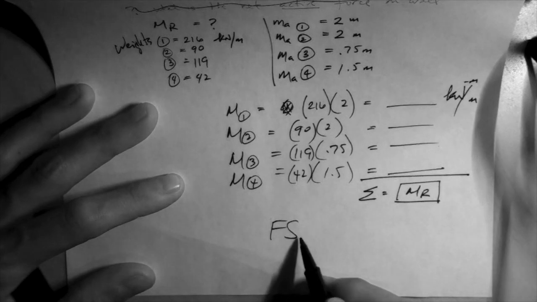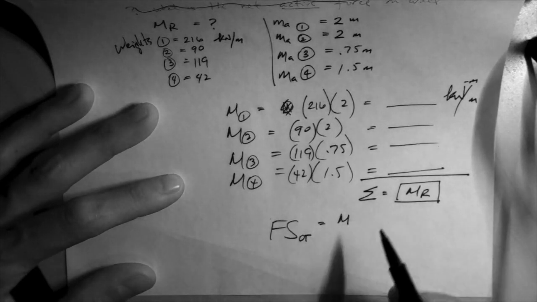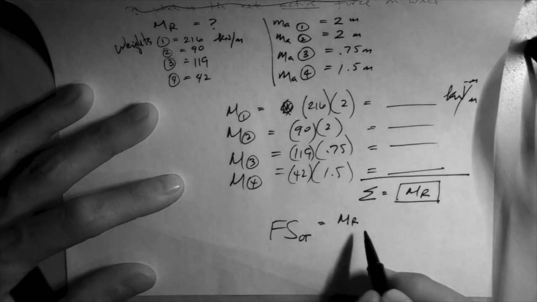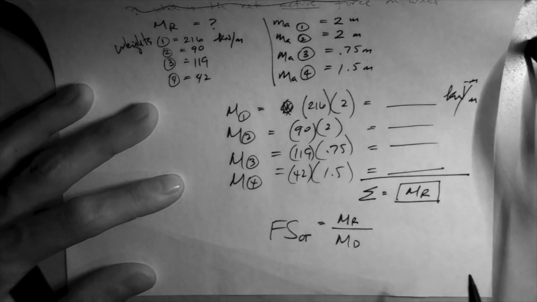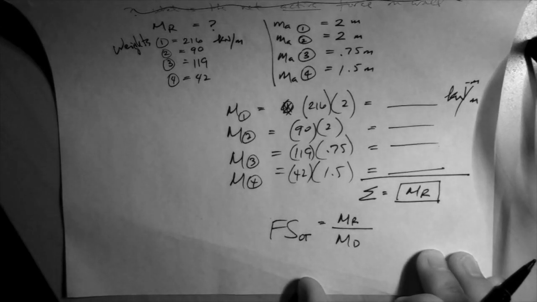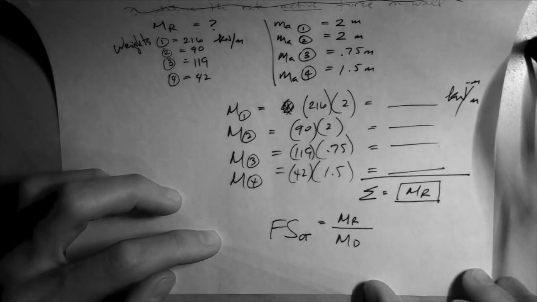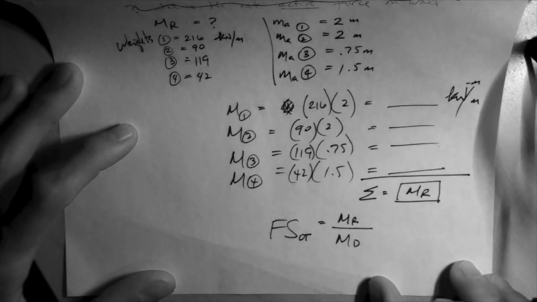Factor of safety for overturning is equal to the resisting moments over the driving moments. Okay, and this generally has to be larger than or equal to 2 to 2.5, depending on the structure, etc. What matters at this point is the procedure.